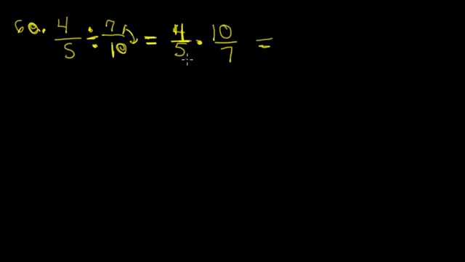Again, we look for, hey, 5 goes into 10 twice. We multiply the top, 4 times 2 is 8, and 7 is left on the bottom. And this helps us get through.